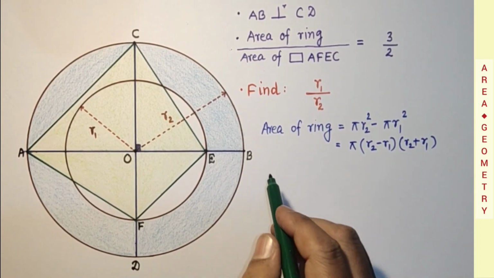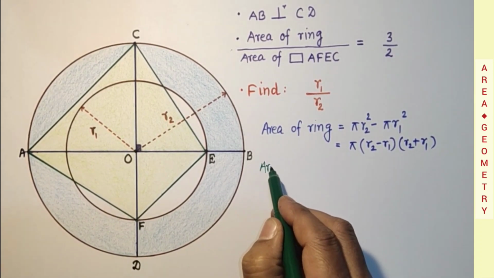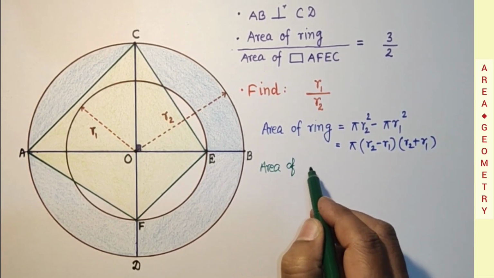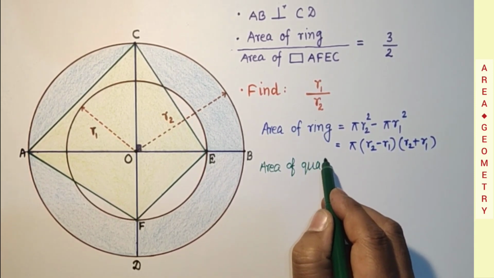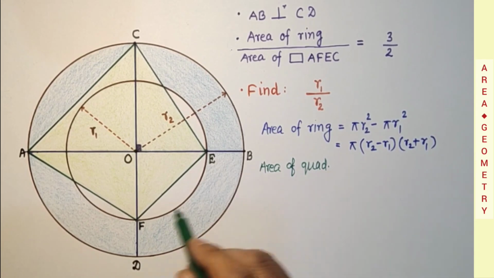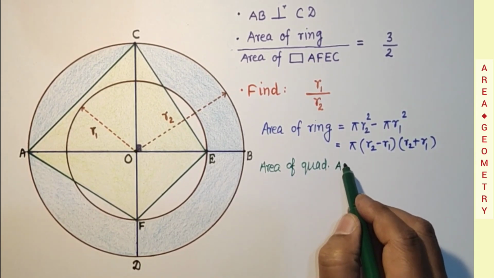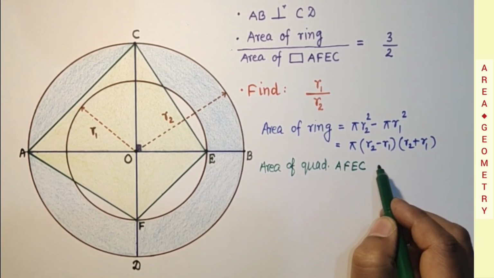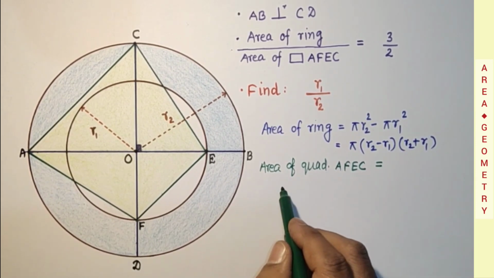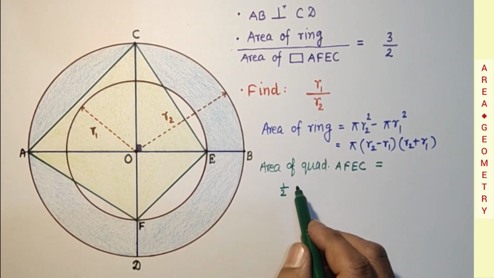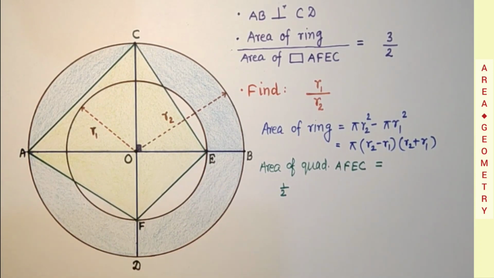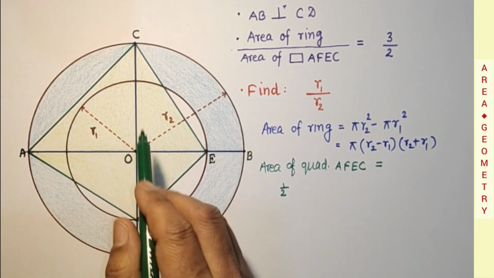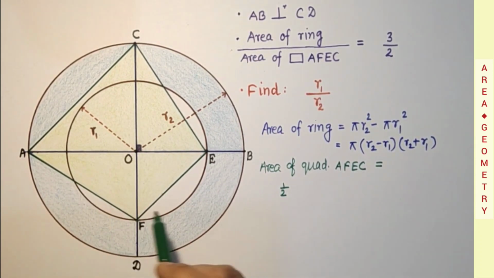So therefore the area of quadrilateral AFEC is equal to half into AE, half into the product of diagonals because the diagonals are perpendicular.